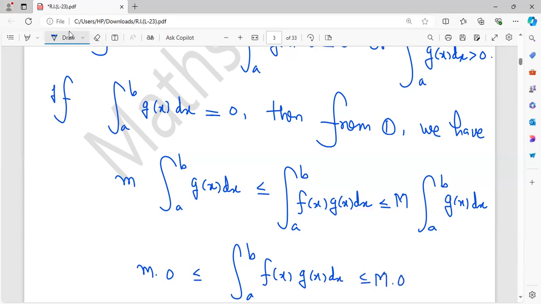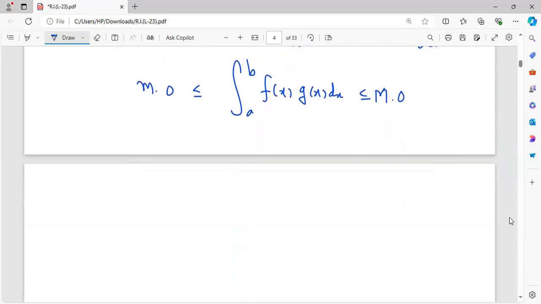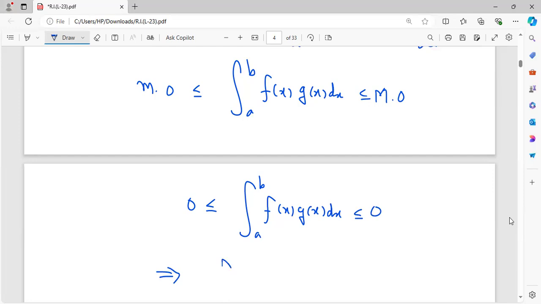So what does it mean? Now this part is also 0, so the integral from a to b of f(x)g(x) dx is less than or equal to 0. So this implies the integral from a to b of f(x)g(x) dx is equal to 0. Okay.